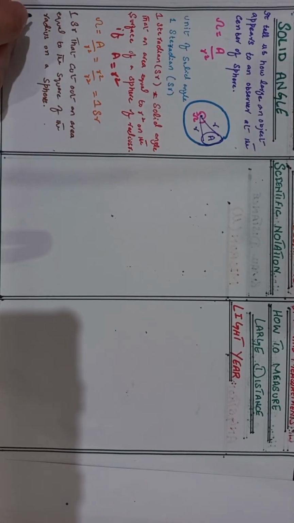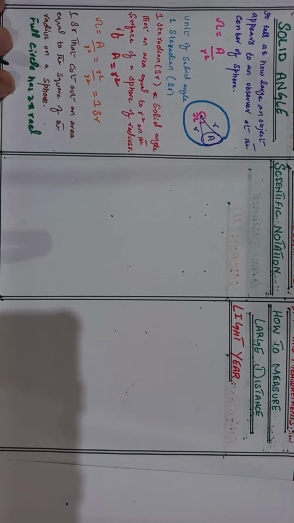Okay. Now a full circle has 2 pi radian, and for a full sphere, the angle is 4 pi steradian. Steradian in short form we write as sr. That is how we define the solid angle.